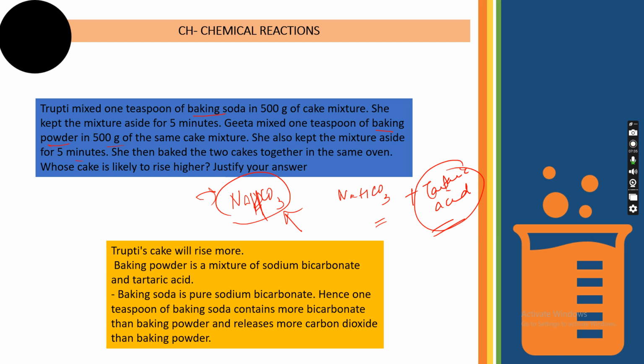Okay, so the cake will be bitter in taste. Karwa hoga. So that's one question regarding baking powder and baking soda. In both cases, carbon dioxide gas will be released, but in case of baking soda, since it is pure sodium bicarbonate, the amount of carbon dioxide will be more, so the cake will rise higher compared to Geeta's one.